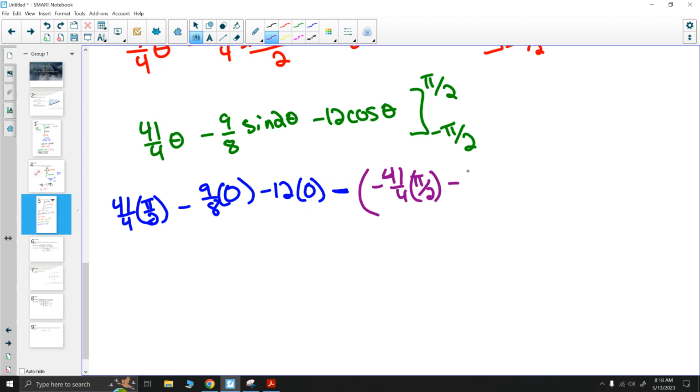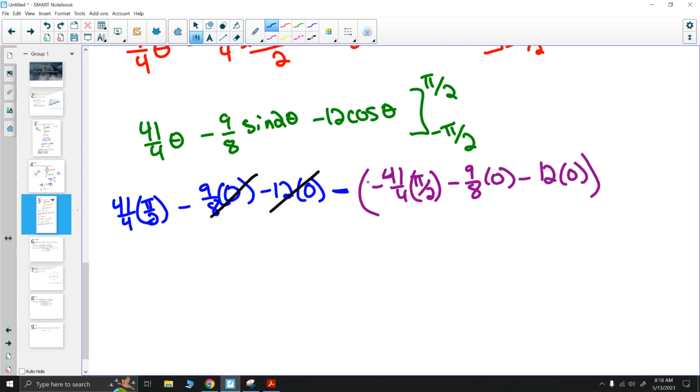Now minus 9/8 times sine of pi again, in this case sine of negative pi is going to be the same thing as sine of pi, which is 0, minus 12 times cosine of negative pi halves is also 0.